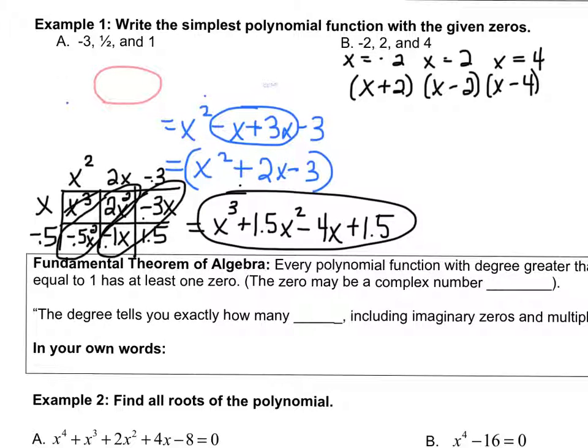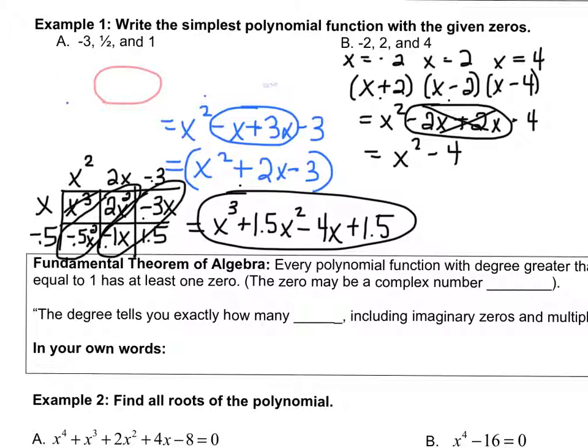My advice to you is to multiply this one and this one together first. When you do that, you'll see that you get x squared minus 2x plus 2x minus 4. The reason that's good is because these middle terms, -2 plus 2, cross out. So that answers x squared minus 4.